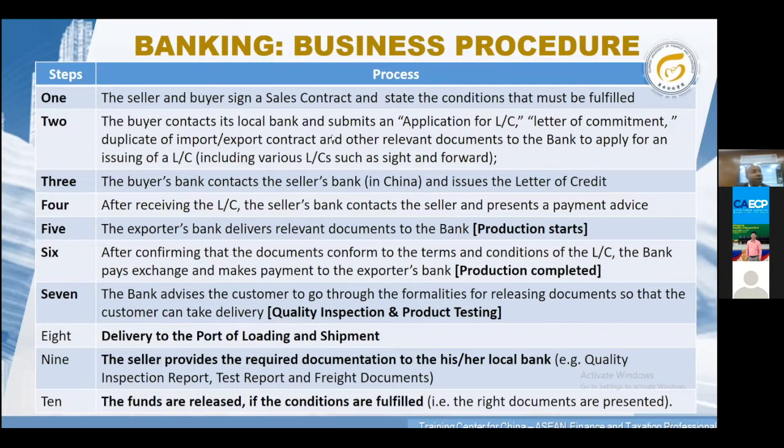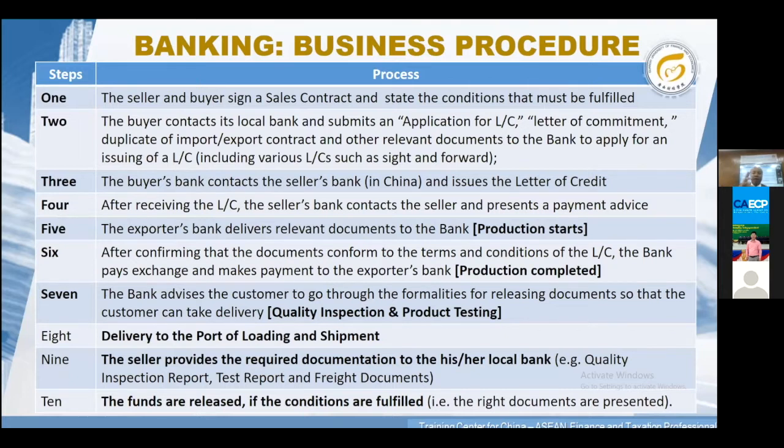Okay, the buyer, which is the importer, contacts the local bank with the application of letter of credit, or it can also be with letter of commitment. Duplicates of the import-export contract are needed; the import contract is from the side of the importer, and then the export.